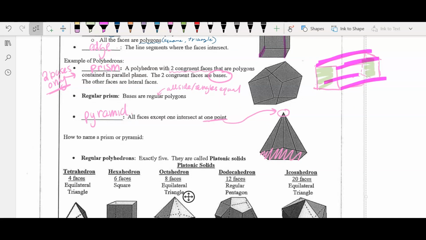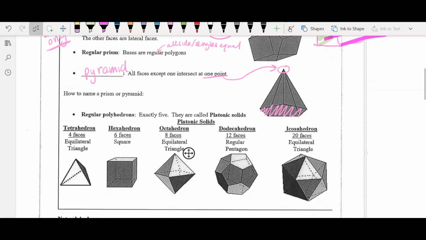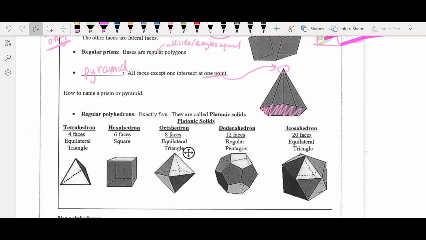As you can see, we're just going over some vocabulary here, like how to name a prism or a pyramid. The big thing is a prism has two bases, and a pyramid has one base. You name them based off the base.